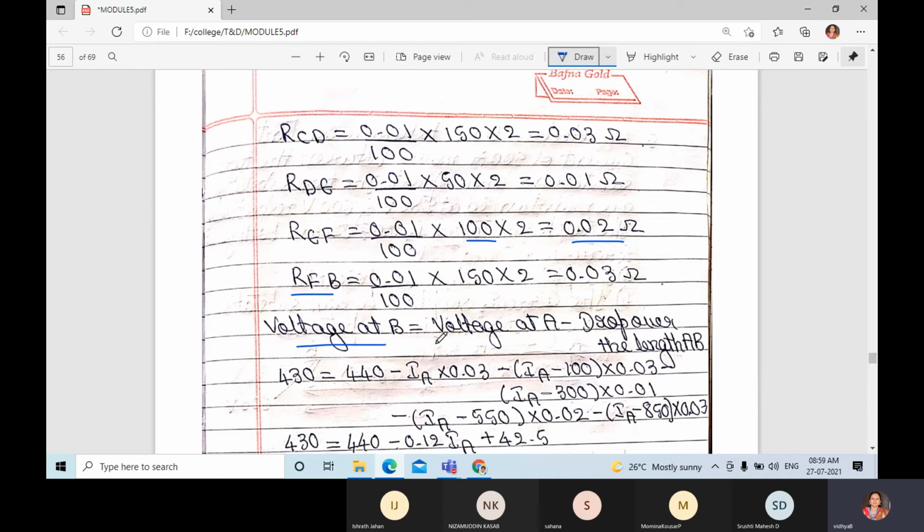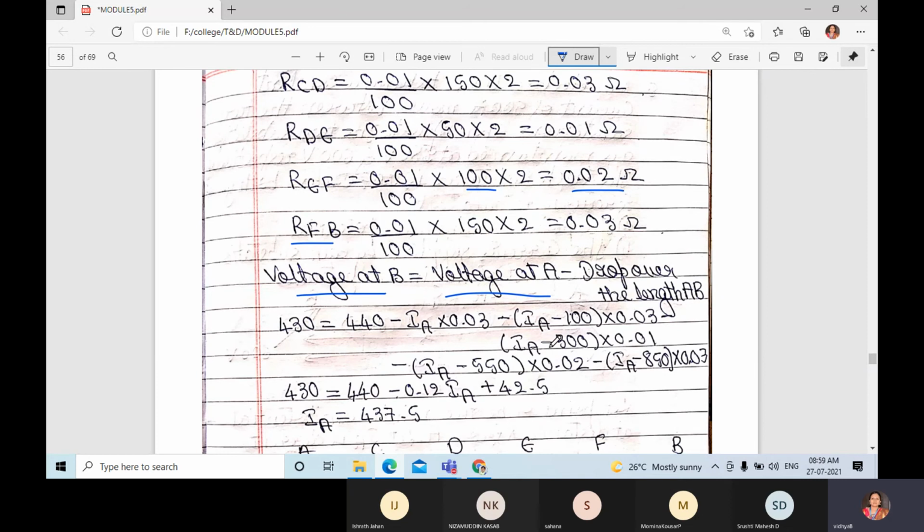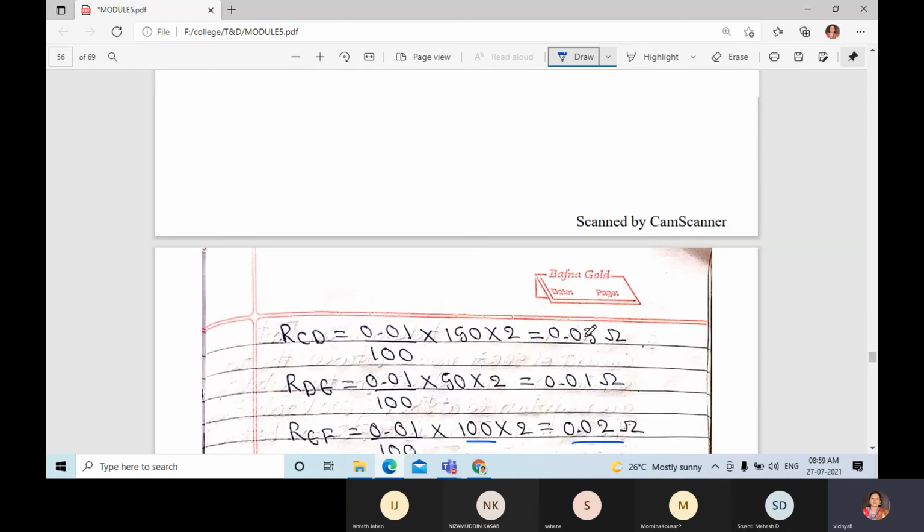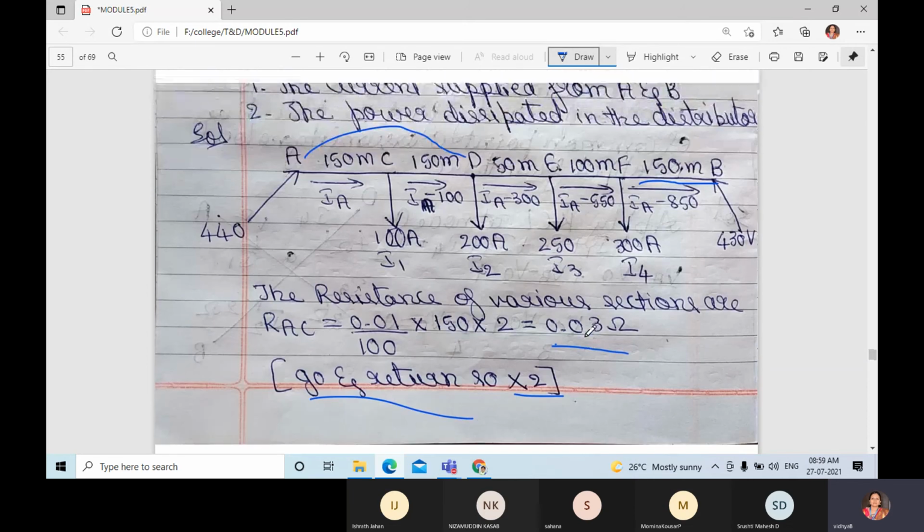Now we should find the voltage at B. We know the resistances, so we can find the drop over the length AB. The voltage at A is 440 and the voltage at B is 430. We don't know the current, so IA into 0.03, that is the resistance, minus, IA minus 100, because the current will be decreasing.